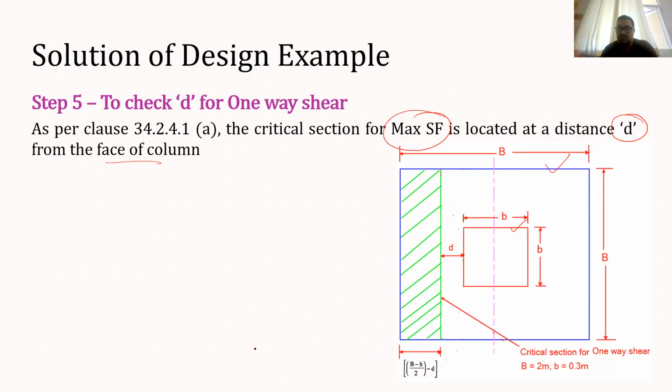So maximum shear force will occur at D distance from the face of the column. Whether we take this face or this face, it will be the same, so we will only consider one of the faces.